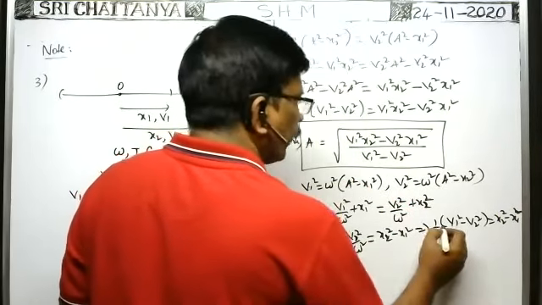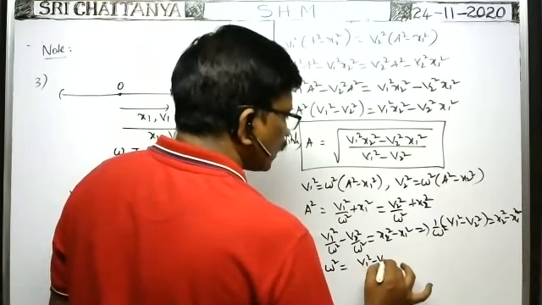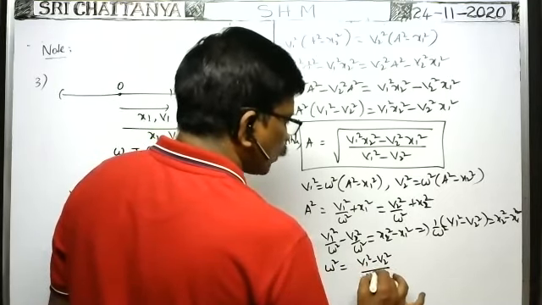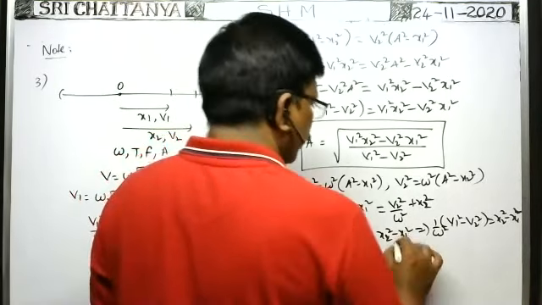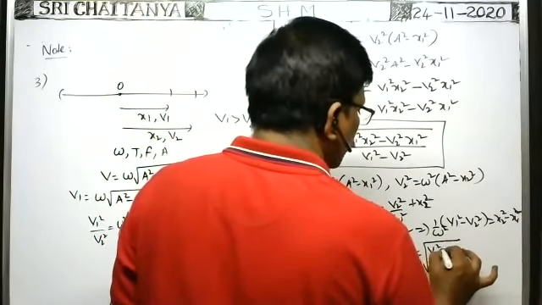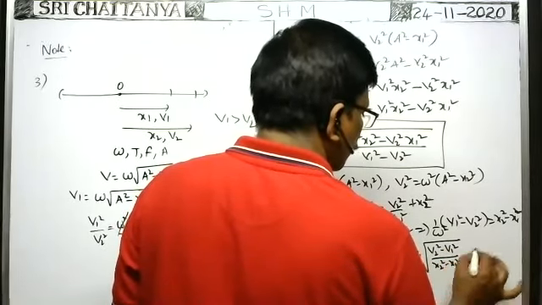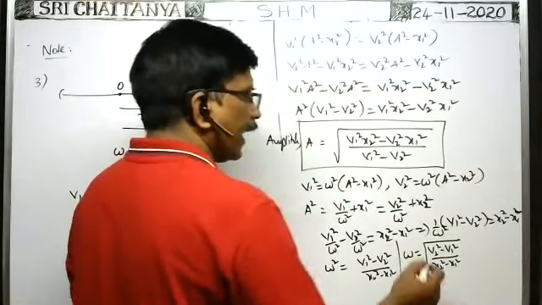Therefore omega square is equal to v1 square minus v2 square by x2 square minus x1 square. Therefore omega is equal to square root of v1 square minus v2 square by x2 square minus x1 square. It is the formula for angular frequency.